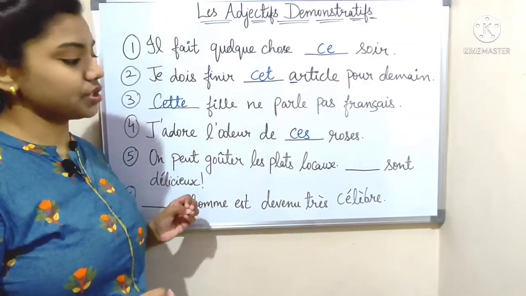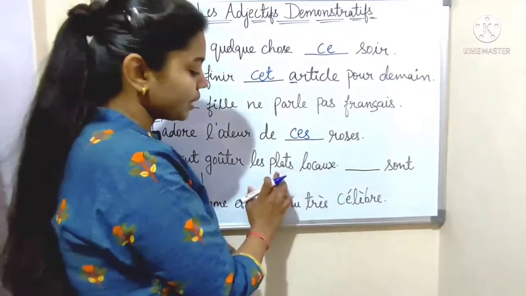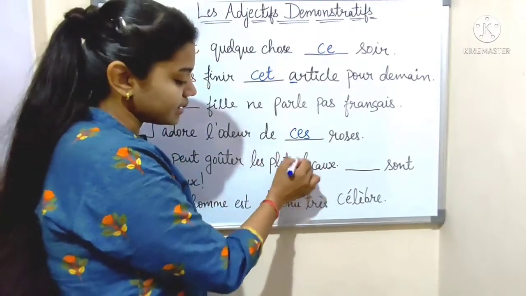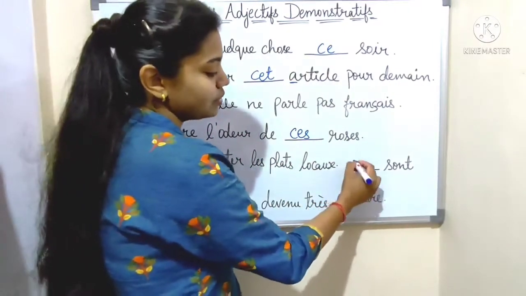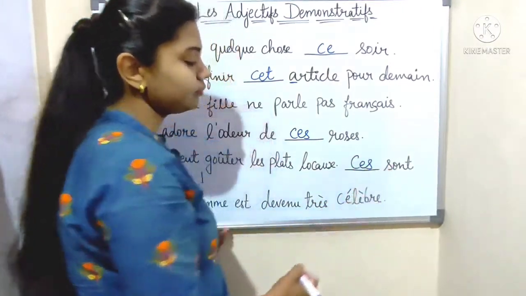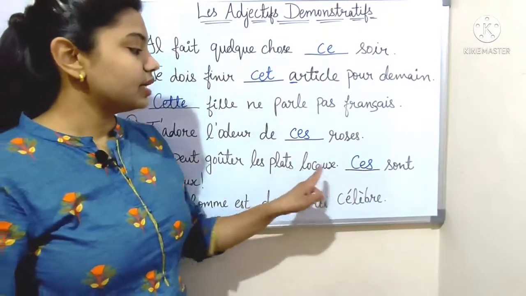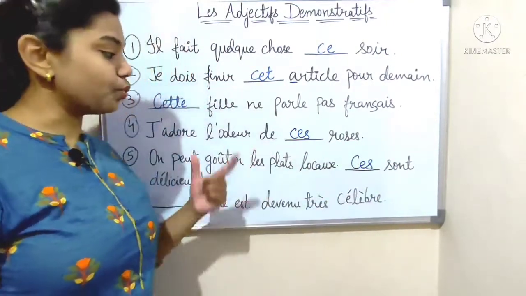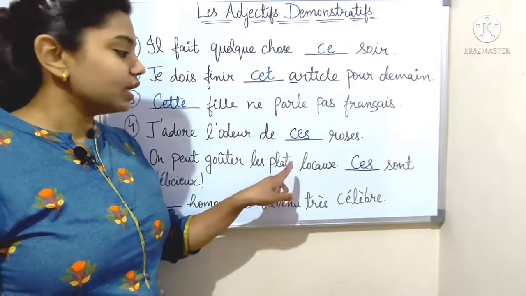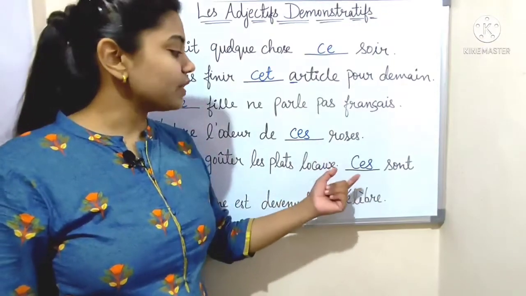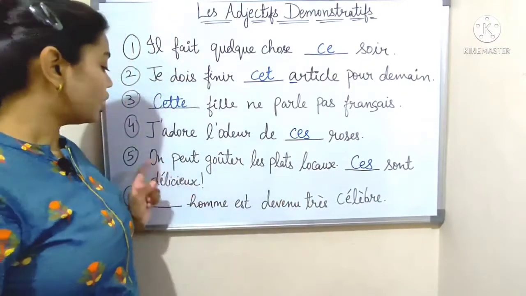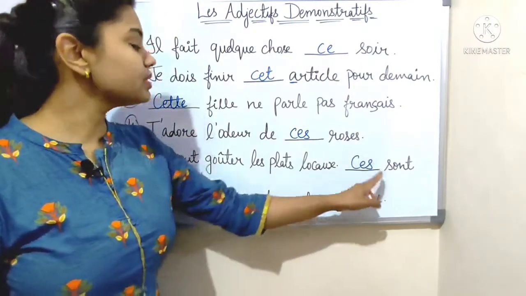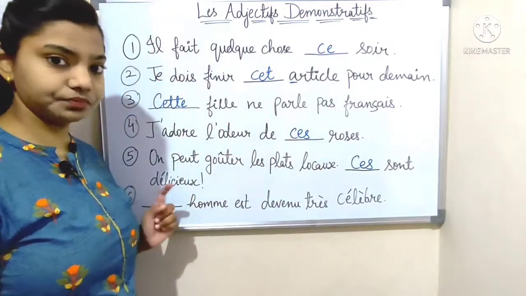Because plats is plural, that's why we use ces. Dishes are delicious, so we use ces for plats. On peut goûter les plats locaux, ces sont délicieux.